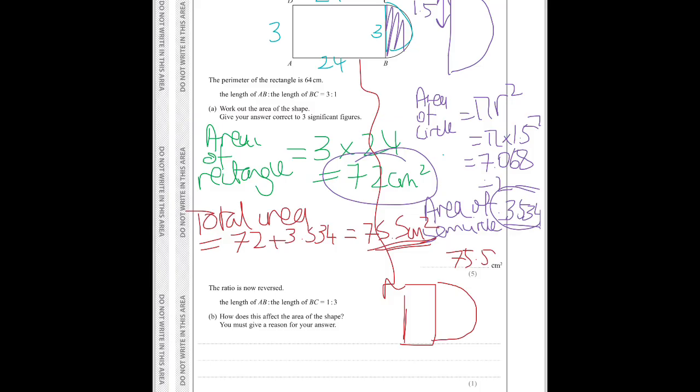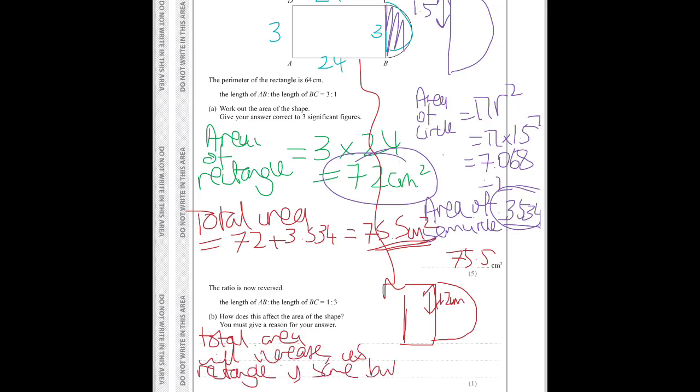And the semicircle's going to have a much bigger radius. In fact, it'll be half of 24, right? It'll be 12 centimeters.